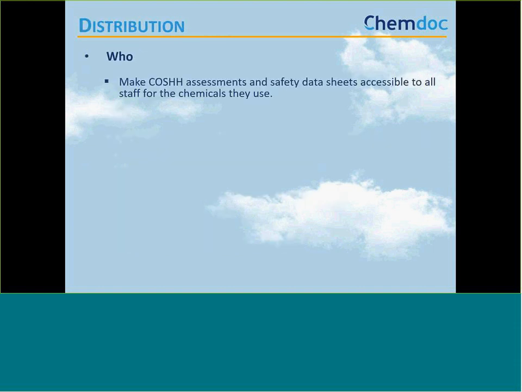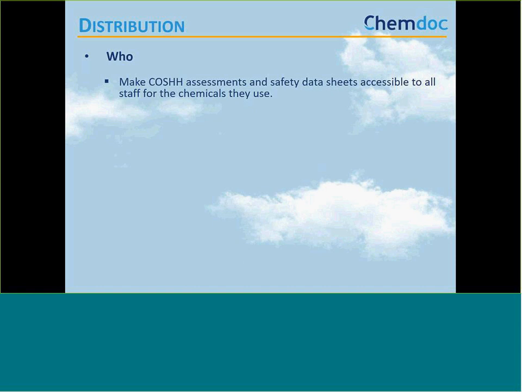Assessments written, you must be sure that your staff have access to them. Again, I know I keep coming back to common mistakes, but it's just pointed out, I suppose, what we've seen in the industry. The mistake we would have seen is that maybe this person takes ownership of this, they source the safety data sheets, they write the COSHH assessments, they might do some good work, but they don't give them out.